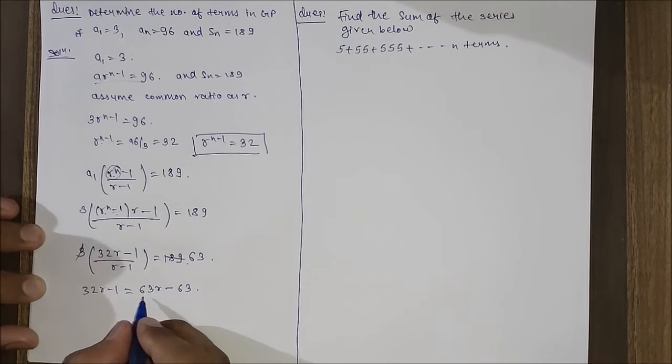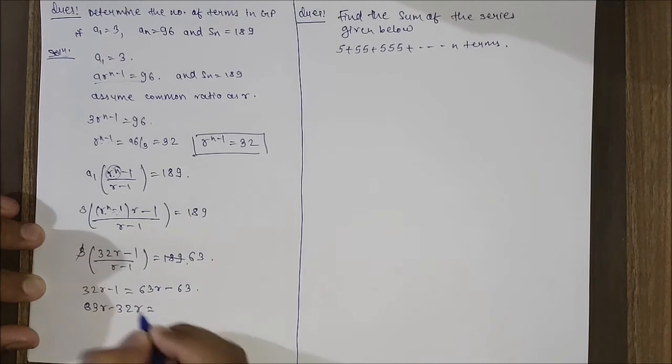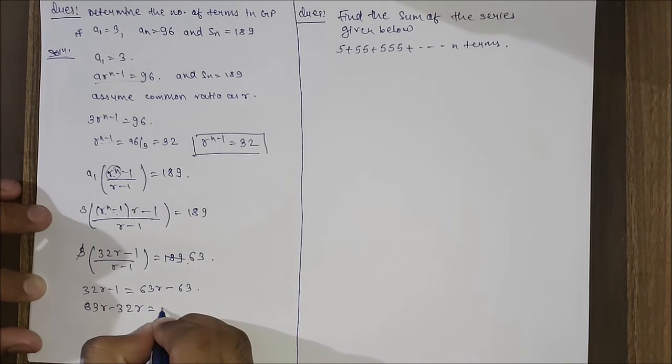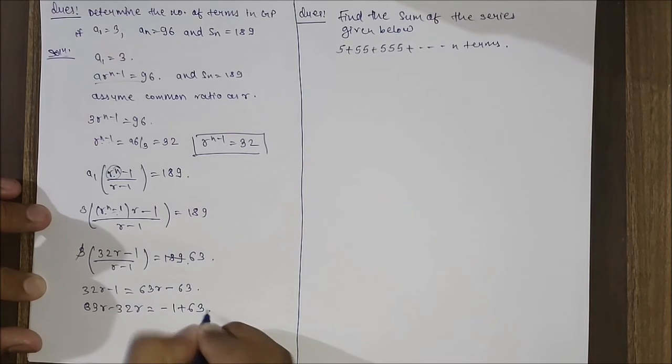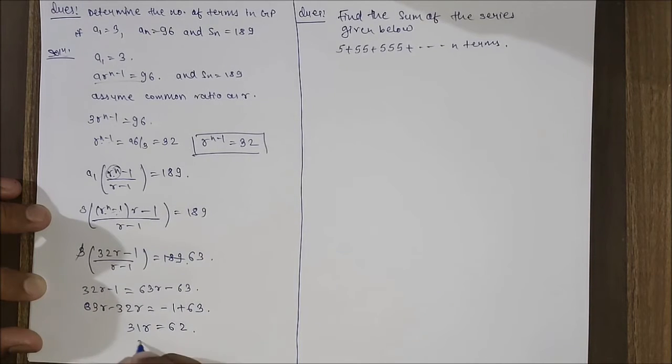And now we can solve it: 63 r minus 32 r is equal to minus 1 plus 63, which is 62, and here it is 31 r. So r is equal to 2.